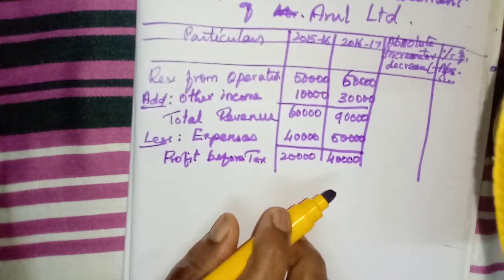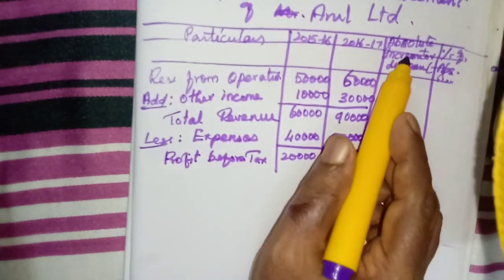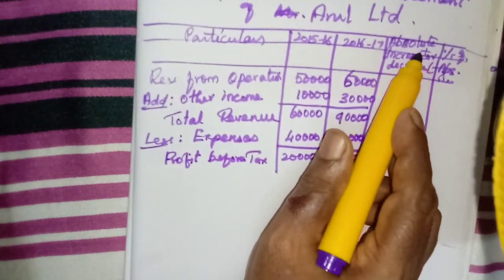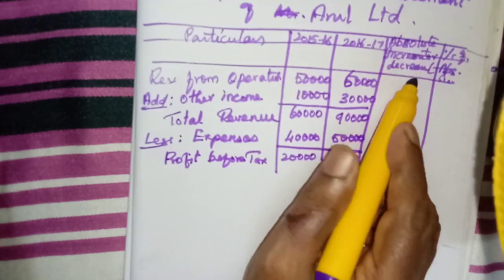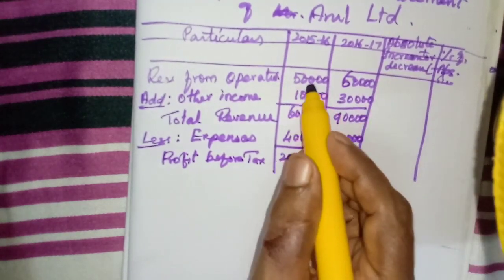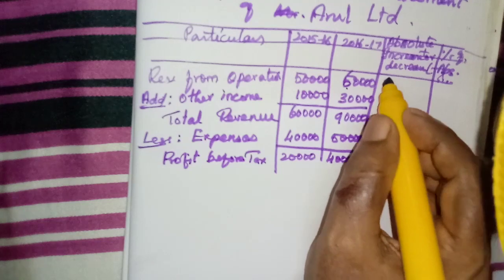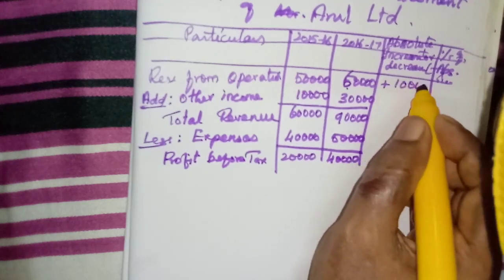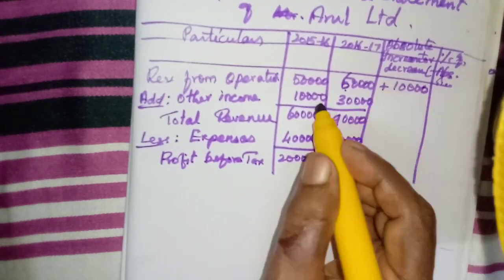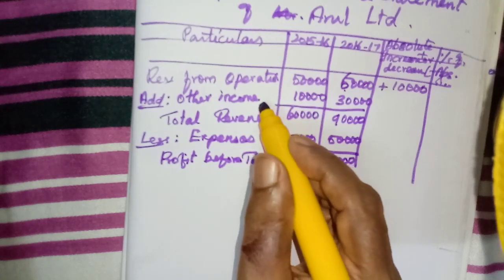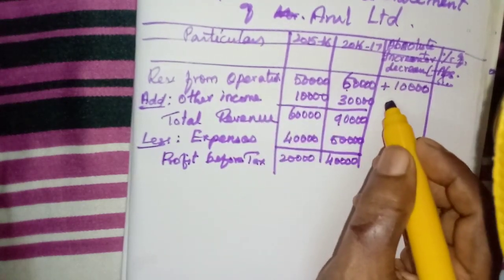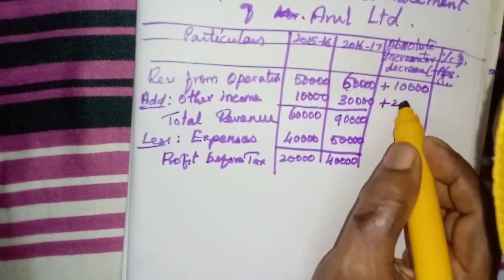Now here we need the absolute amount of increase or decrease. Here 50,000, here increase, so plus 10,000. Here plus 20,000.